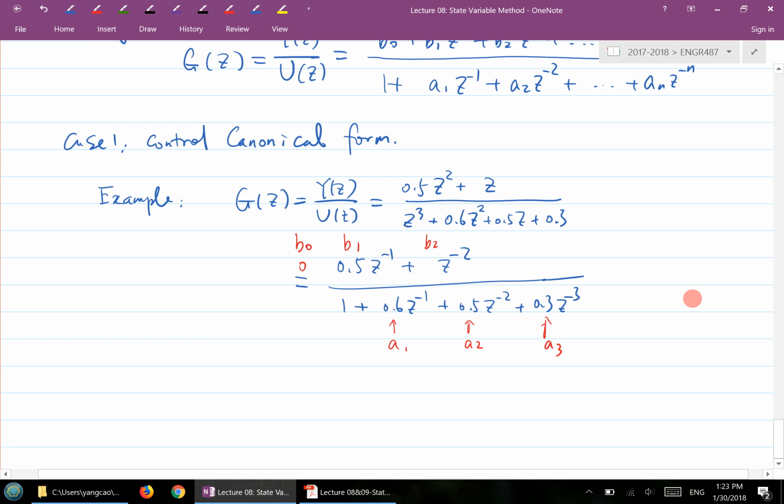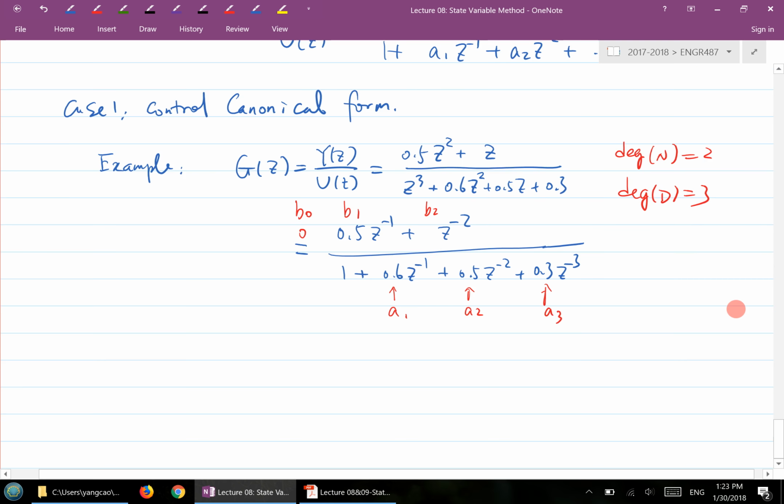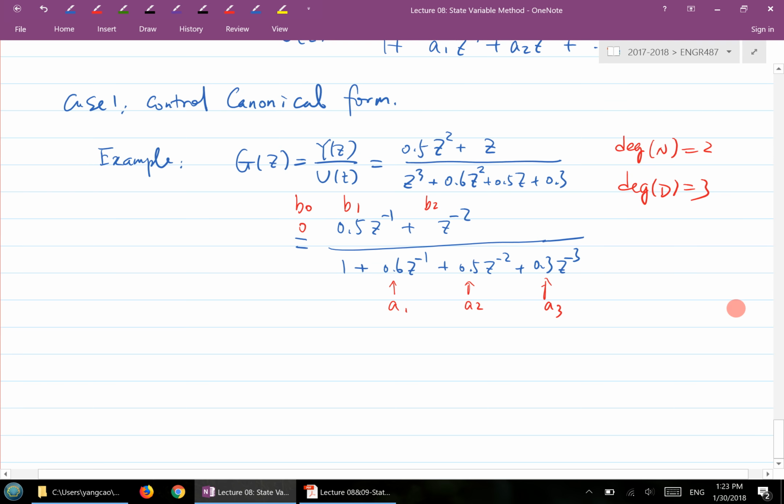The other thing I want to emphasize, and we're going to come back to this: the degree of the numerator here is 2, and the degree of the denominator here is 3. So the degree of the denominator in this case is bigger than the numerator, and that's typically what we want. I'll explain this later, but for now just a side note.